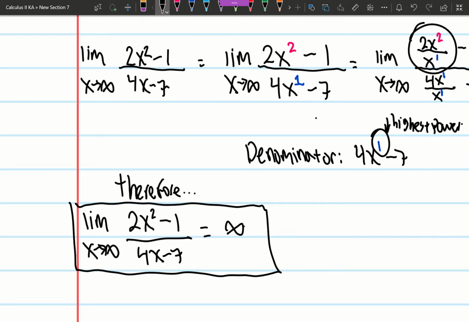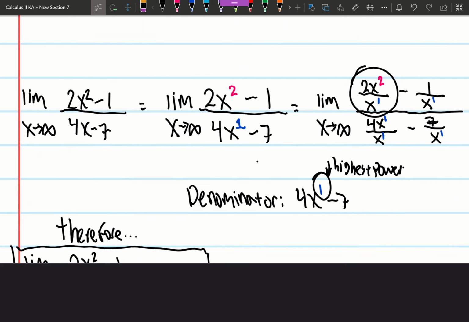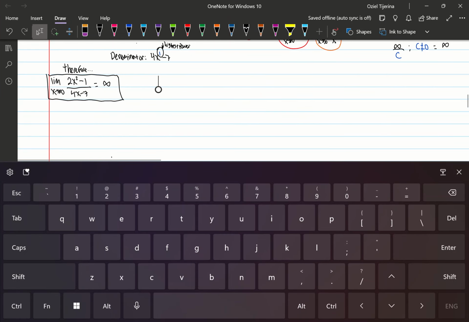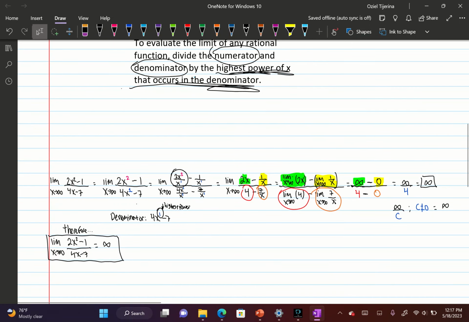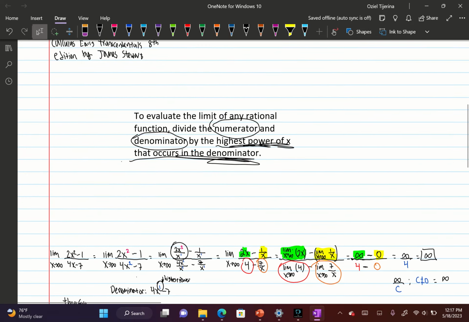And this is how you do this problem, guys. I really hope that helps, and I really hope that makes sense to most of you. But that is how you do this problem, and like I said, I really hope this does help.